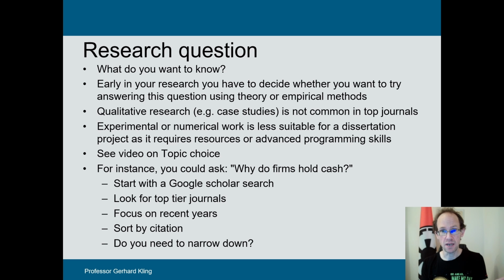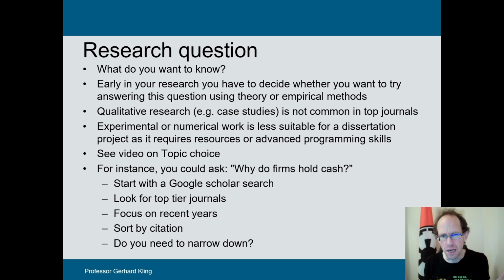So once you start looking at the top 3 papers in the case of corporate cash holding, you will find out that some papers focus, for instance, on precautionary cash holding, others focus on corporate governance and other aspects. So at one point you might consider modifying the topic a tiny bit and focusing more on a particular area.